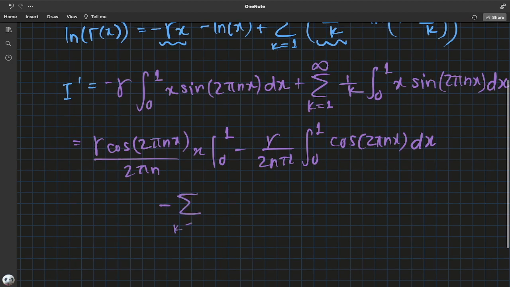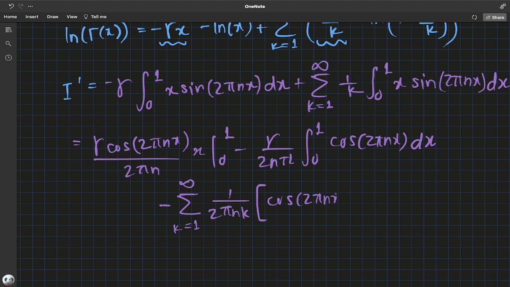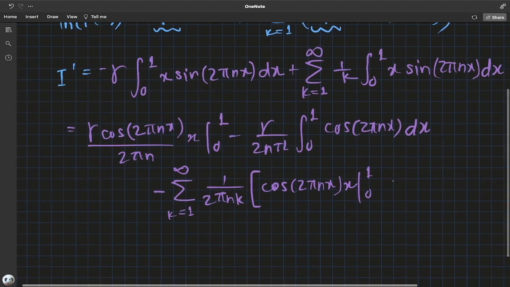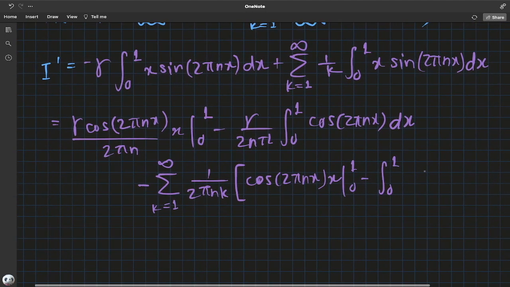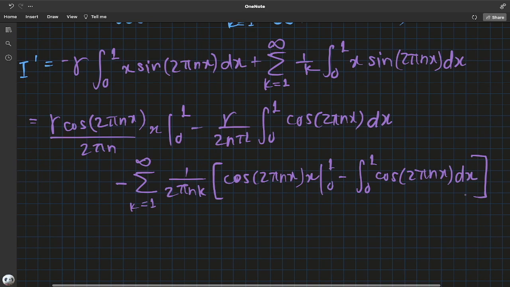So sum outside, I believe I have 1 over 2 pi n k, and then again cosine of 2 pi n x times x from 0 to 1 minus the integral from 0 to 1 of cosine of 2 pi n x dx.